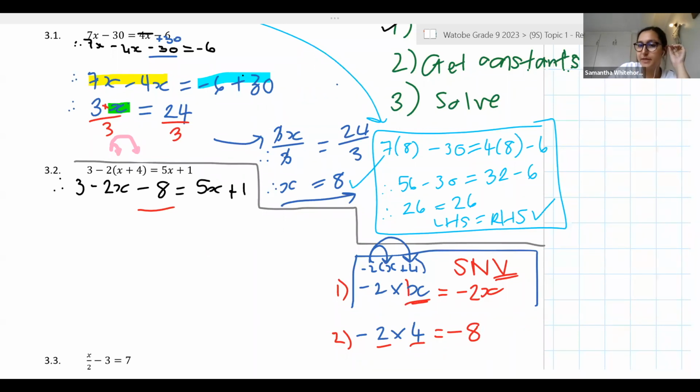Okay, I'm seeing a couple of I'm done emojis, which is great. Is anyone wanting to raise their hand to explain to us how to solve this equation? If you do want to raise your hand to explain, please do.